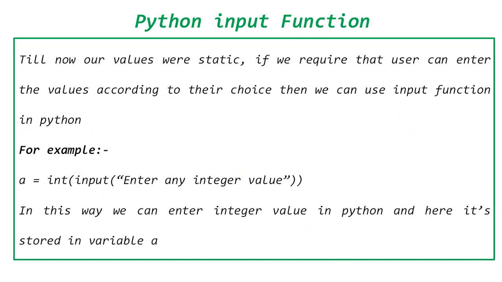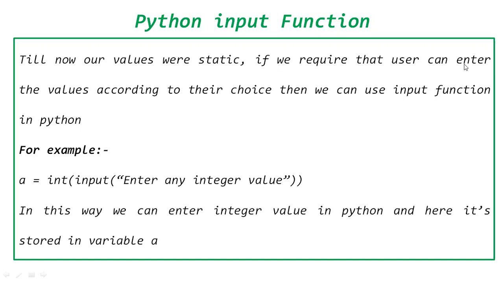Now Python input functions. Previously we completed the static values. Some values are displayed on the screen and we are working with those. If I write a is equal to 12, it means one static value is there. Suppose we have to enter the value from the user side, then we can use the Python input function. Till now our values were static.